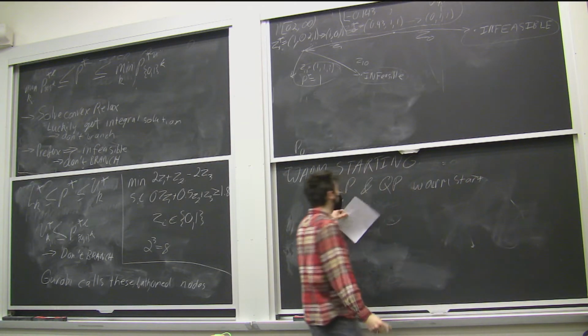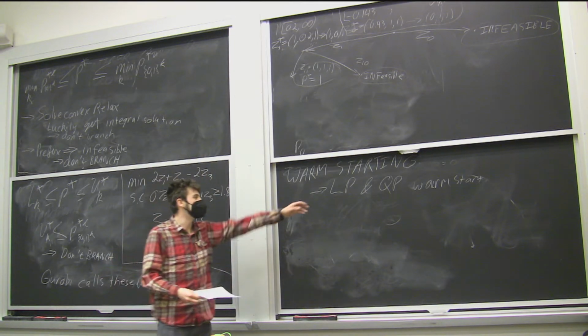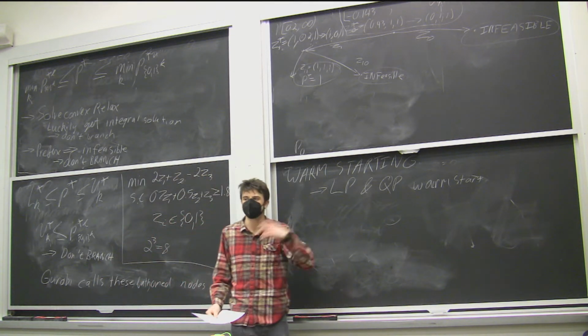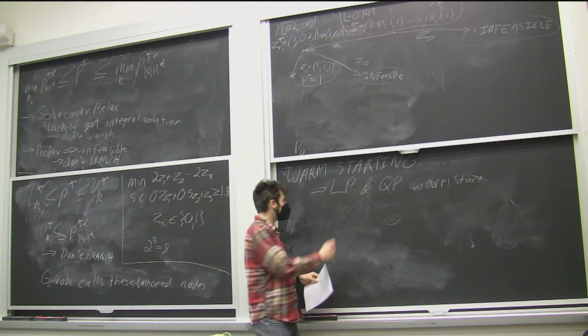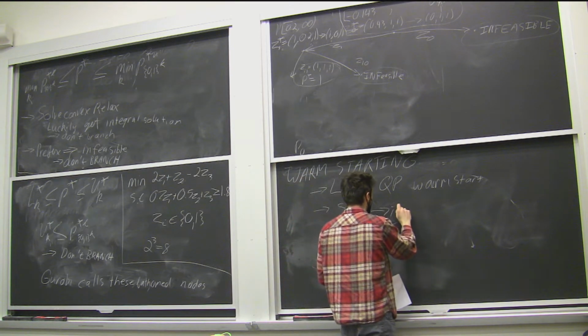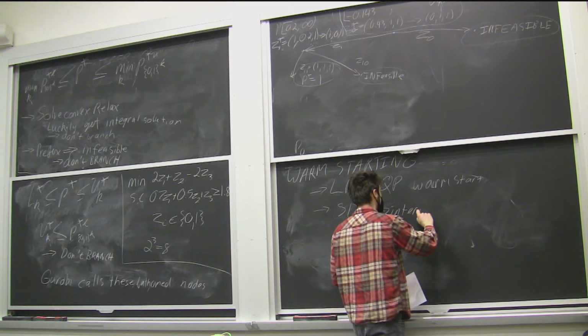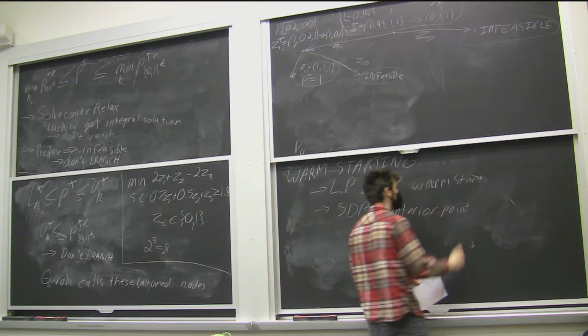For linear programs, the simplex method is really good at warm starting. For QPs, there are these things called active set methods that are also very useful for warm starting. On the other hand, for SDP, basically everyone uses interior point, and that doesn't warm start that well.